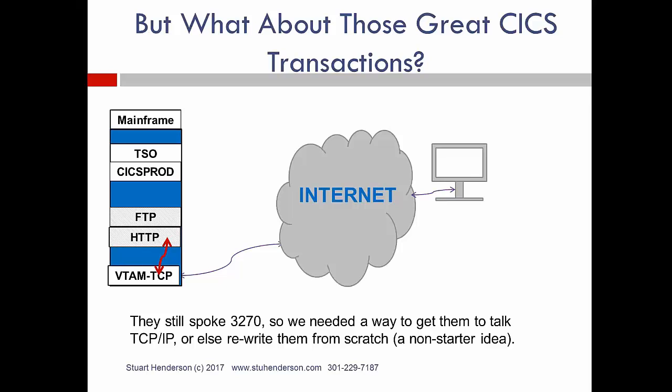Now, the part of the problem that many people realized we were facing then is we have this large inventory of CICS COBOL transaction programs. These are the programs that have been running for financial and other institutions since the beginning of the mainframe. Someone did a study recently.